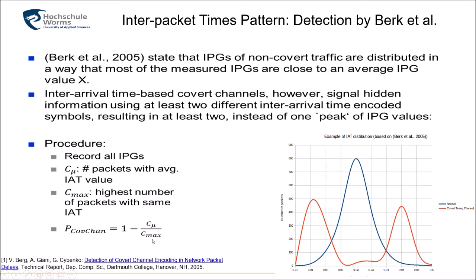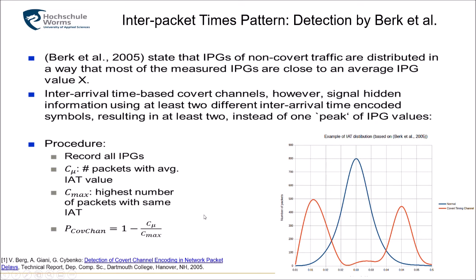We subtract this value from 1, so that for normal legitimate traffic we reach a probability for a covert channel that is close to 0, while for the covert channel the average interpacket gap is around here at 0.03 something, but we have very few packets here, while the big number occurs here for 0.016 or something like that. So if we divide these values, the resulting value will be very small. So 1 minus something small is still close to 1, so the probability for having a covert channel is rather high.